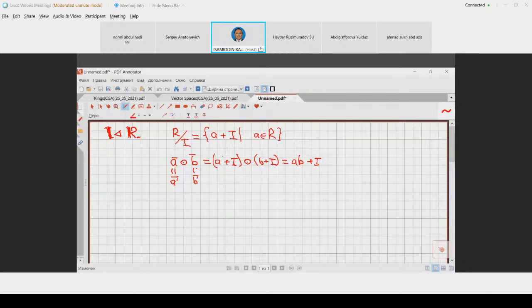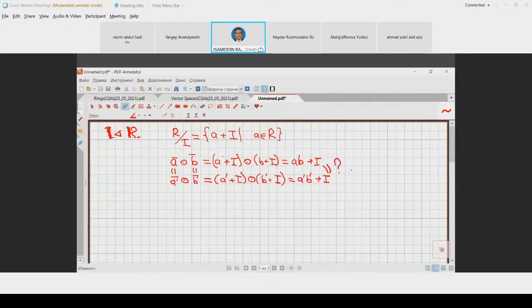They are the same cosets. Then the product of these two is a prime plus I times b prime plus I, which by definition is a prime b prime plus I. Since the left-hand sides are the same, the products must also be the same. So these two cosets must be equal.